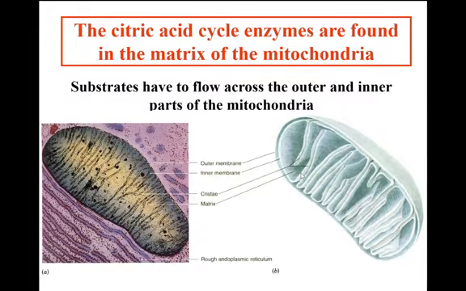As far as the citric acid cycle, it is found in the matrix of the mitochondria. So this is just speaking about the location of where this process is happening.